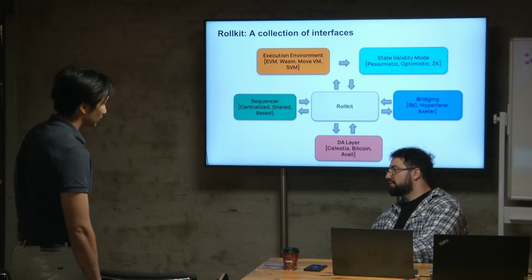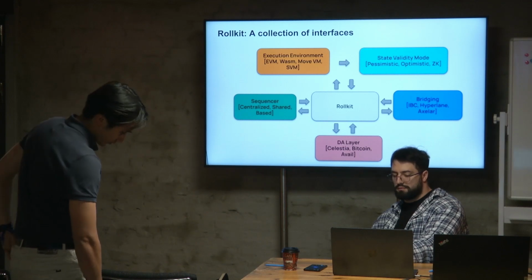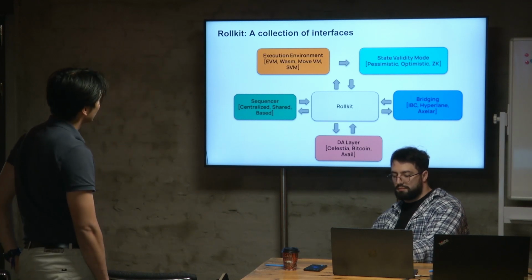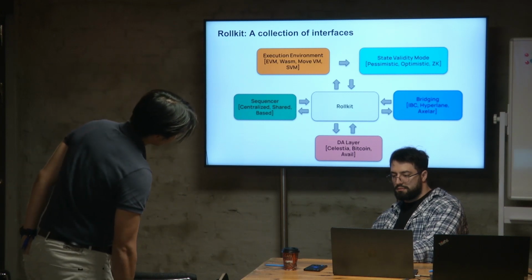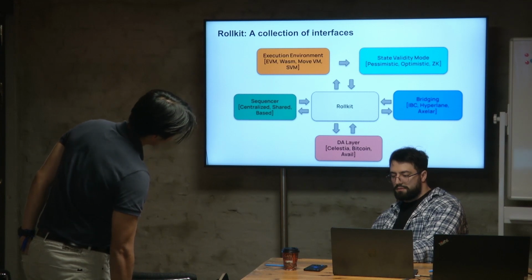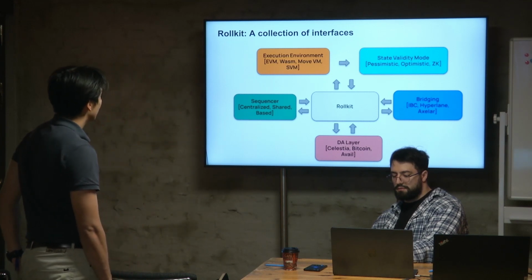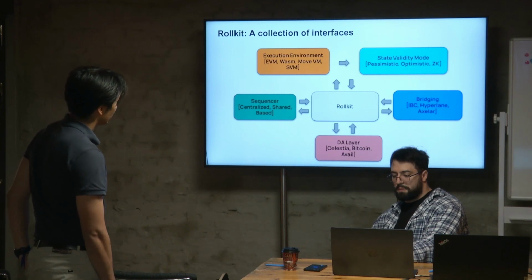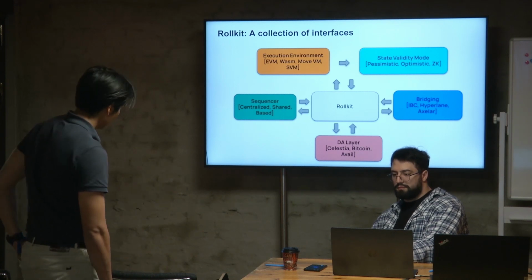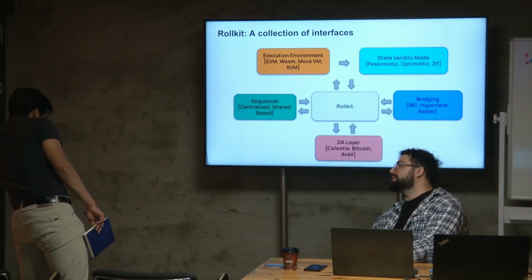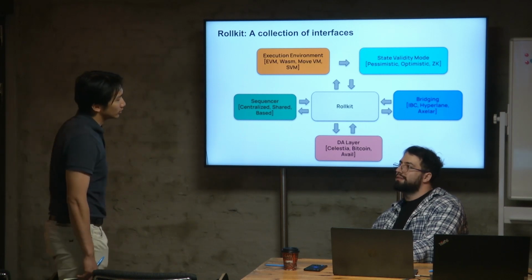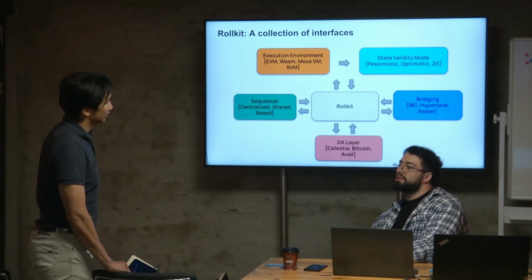That's a good question. The goal is that, for example, with a DA layer like Avail, if the Avail implementation changes, there's a team that maintains that implementation. It's client code, so if they change their underlying API, it's in their interest to update it.